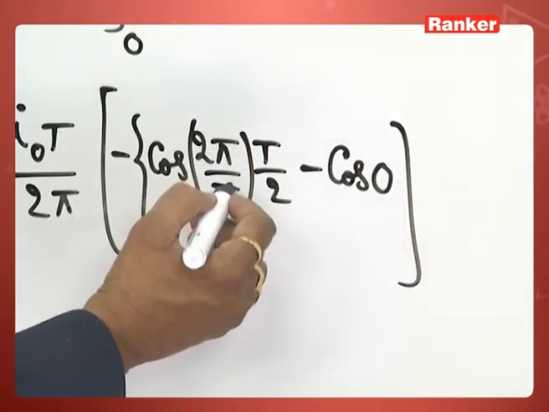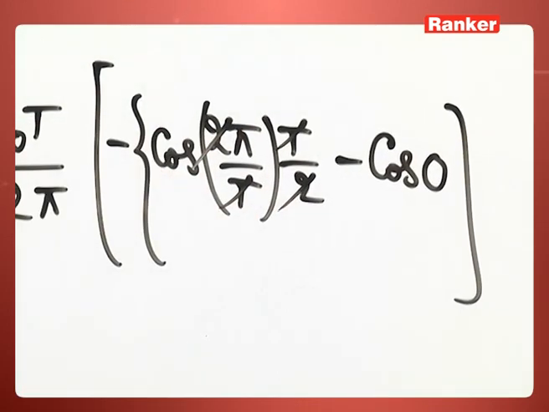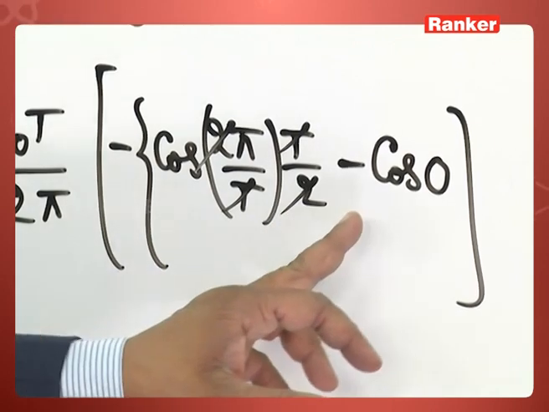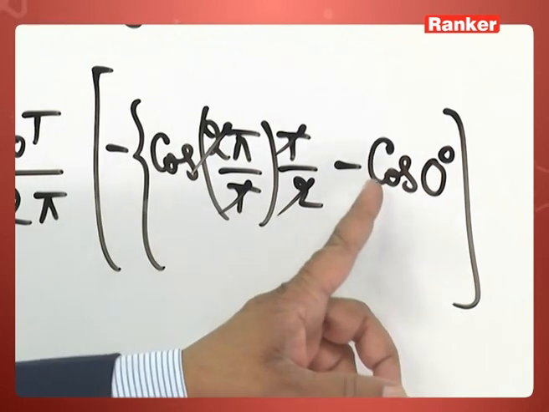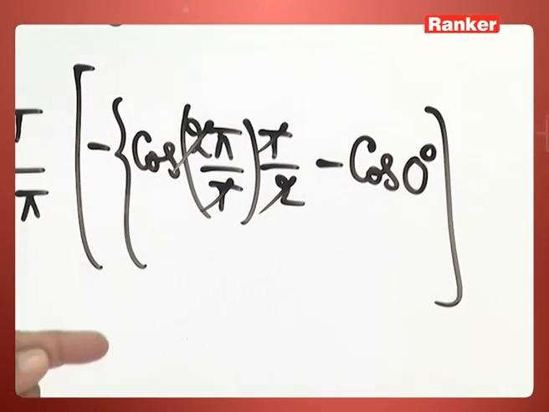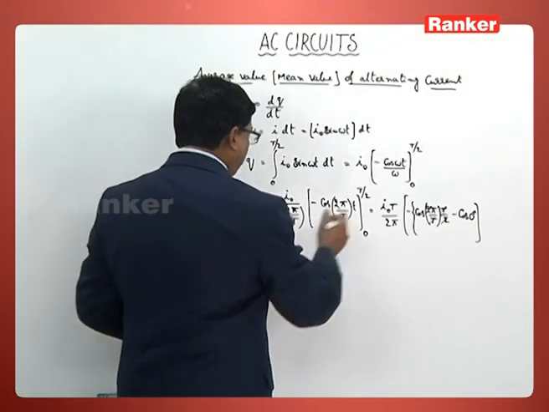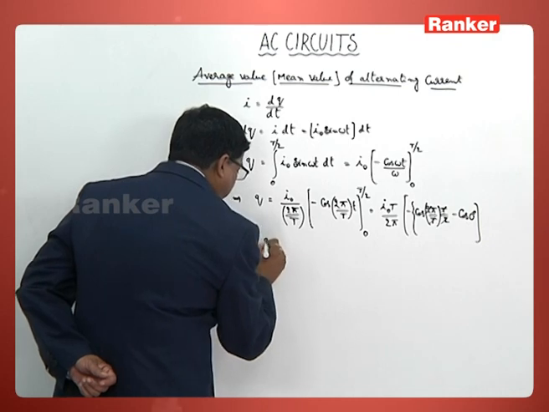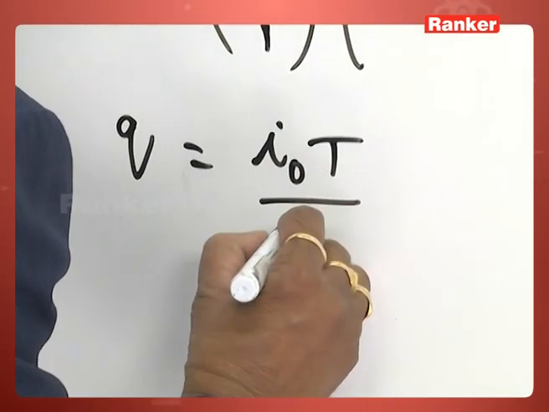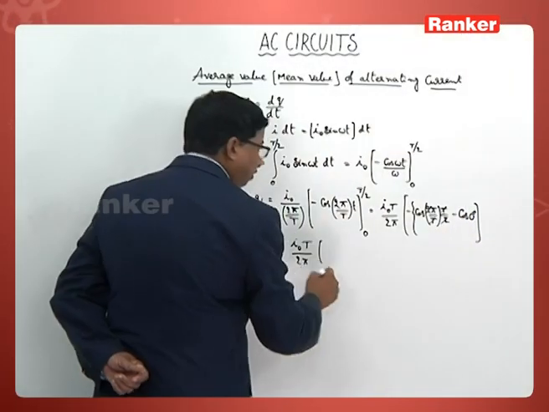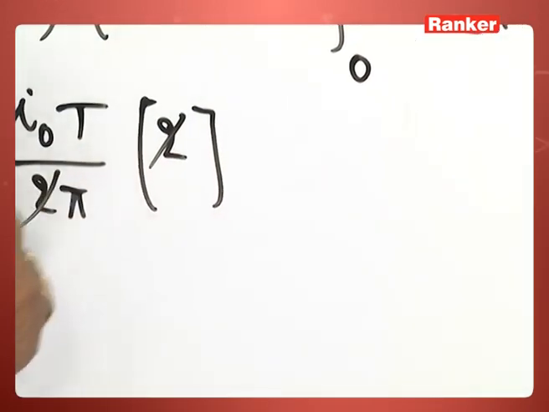We can all understand straight away, this T getting cancelled, 2 getting cancelled, cos pi becomes minus 1. Cos 0 degrees also is going to be 1. So minus 1 minus 1 becomes minus 2, minus of minus 2 now becomes plus 2. So what you get for Q, check it: it is I naught T by 2 pi into this entire value, which now becomes 2. 2 gets cancelled.